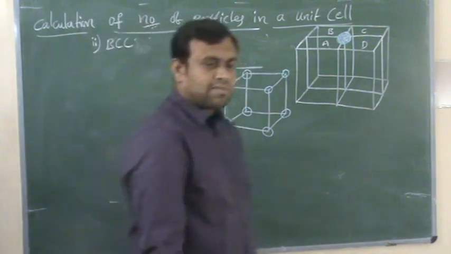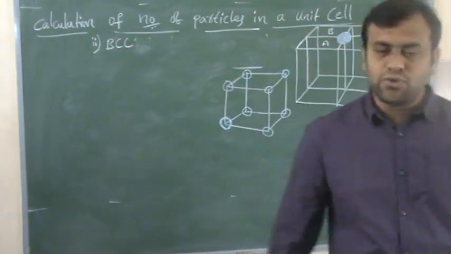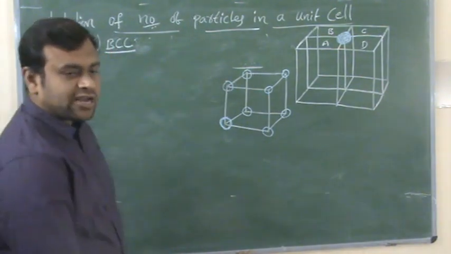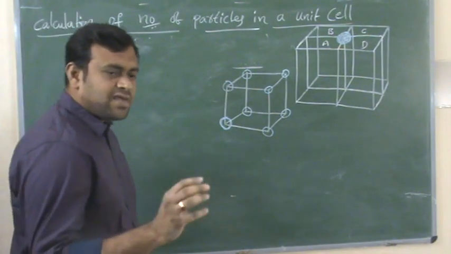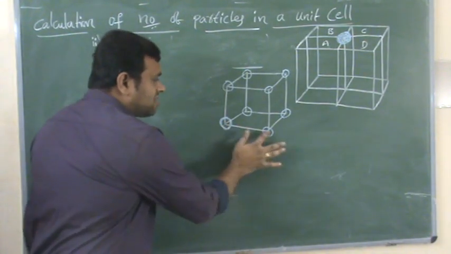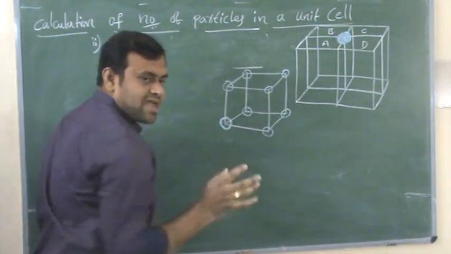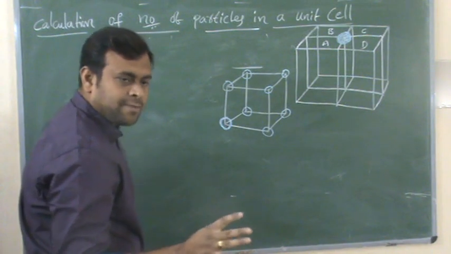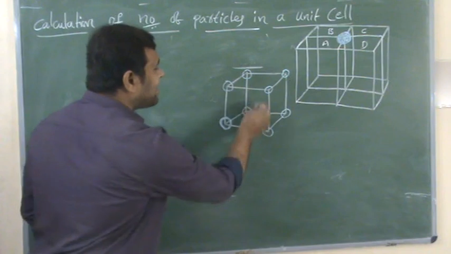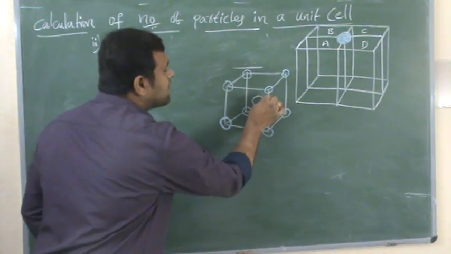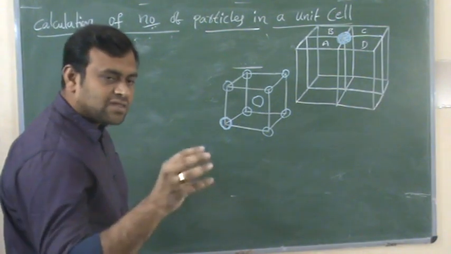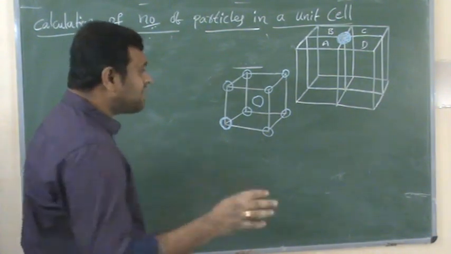BCC is nothing but body centered cubic unit cell. So what is a body centered cubic unit cell? A body centered unit cell is one which contains particles at corners, same as primitive unit cells. Along with this, one particle is present at the body center of the unit cell. The center of the unit cell also contains one particle.